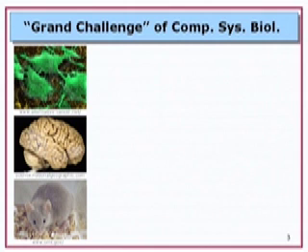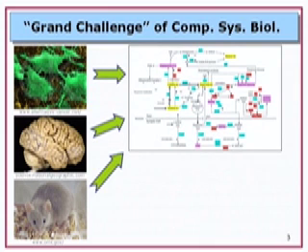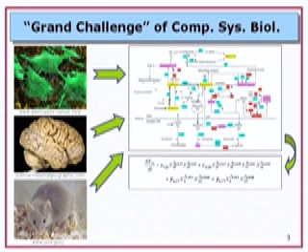So the grand challenge of computational systems biology is that we have cells, or a tissue, or an organism. And what we would like to do is convert that into diagrams, with arrows and boxes and maybe different colors and different types of arrows. We want to take those diagrams and convert them into mathematical equations or systems of equations.